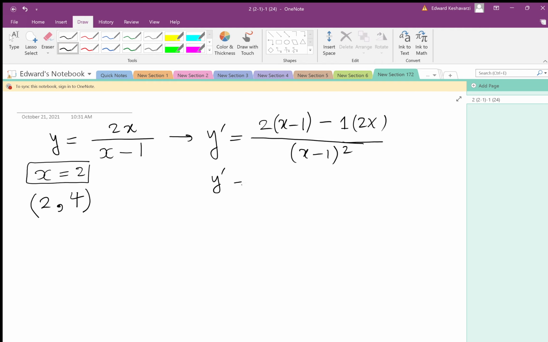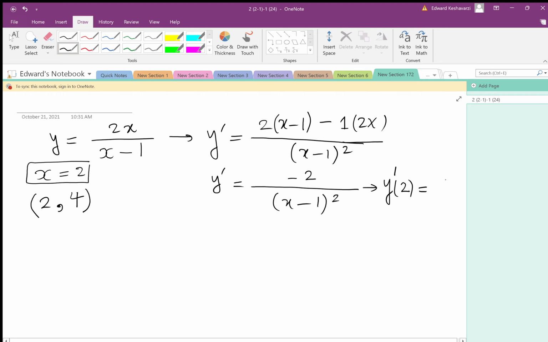So y prime can be written as negative 2 over x minus 1 squared, as 2x and negative 2x cancel each other out. Now plug in 2, so we'll get negative 2 over 1 squared, which is negative 2.